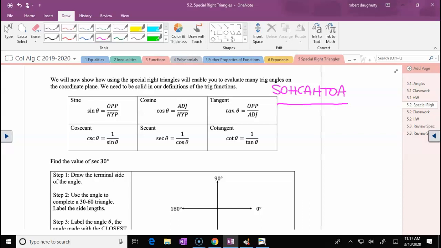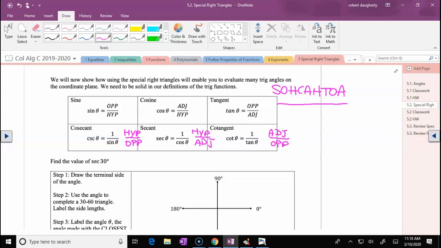In terms of opposite, it's going to be what? It's the hypotenuse divided by the opposite. The secant is the hypotenuse divided by what? The adjacent. And the cotangent is the adjacent over the opposite. So we have to know all of this, and this is what we started out with in the trig functions.